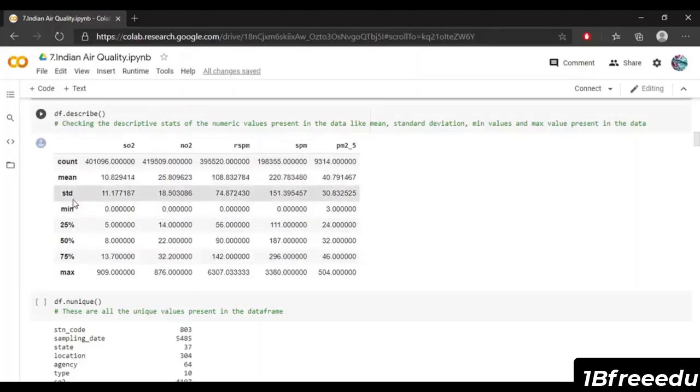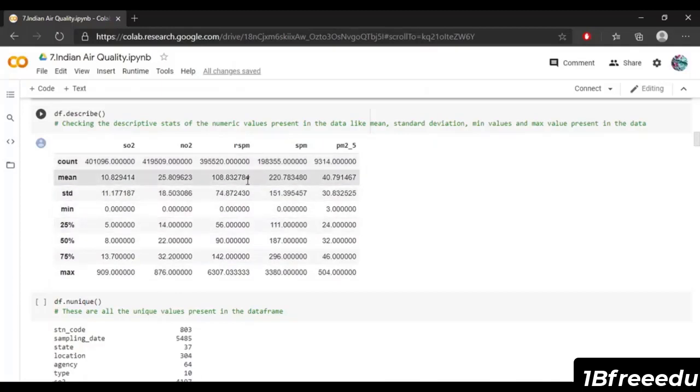And we can see over here the minimum value present in this column SO2 is 0, and the maximum value present in this particular column is 909, and the same for other columns as well. The minimum value present in the NO2 column is 0, and the maximum value present in this particular column is 876, and so on.